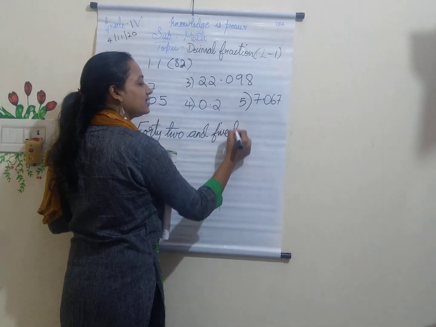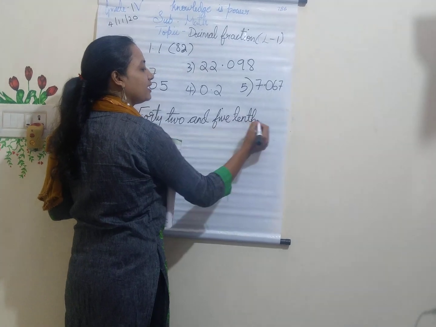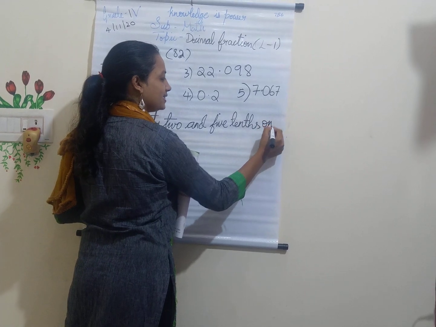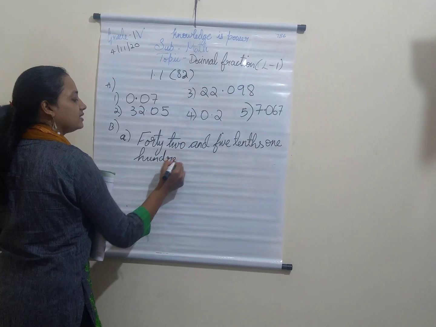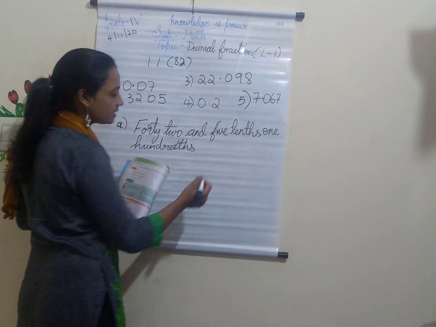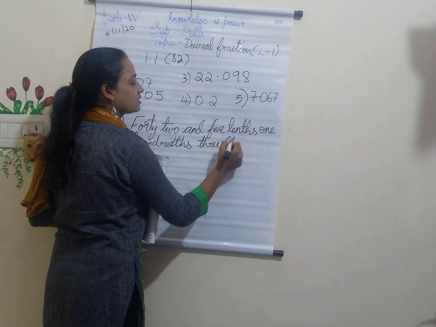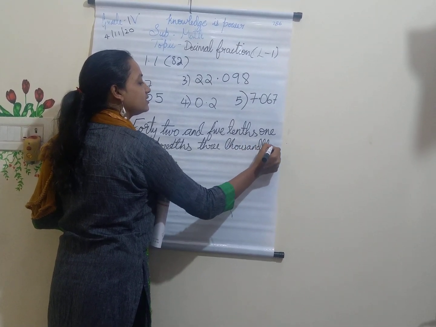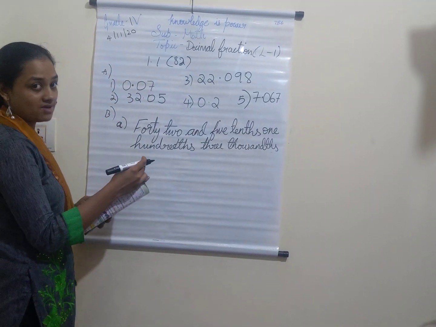It is in the tenths place. So you should write 5 tenths. 100, hundredths. 3 thousandths. So this is how they have shown you in the previous main.